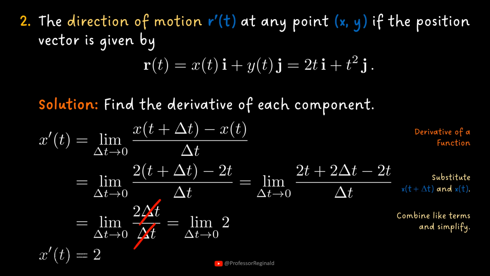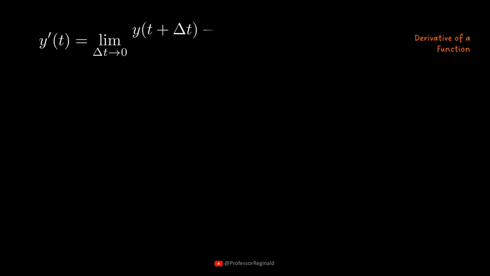Thus, the derivative of x with respect to t is 2. y prime of t. Use the limit definition of the derivative of a function. Substitute y of t plus delta t and y of t.